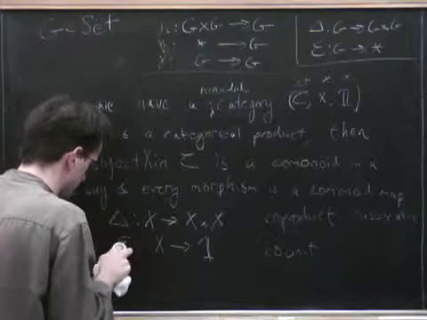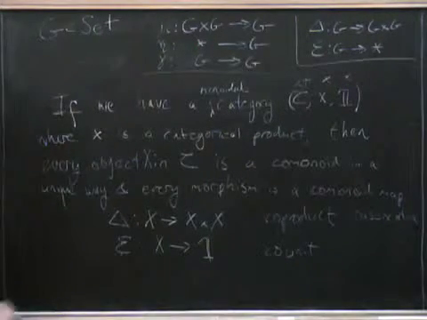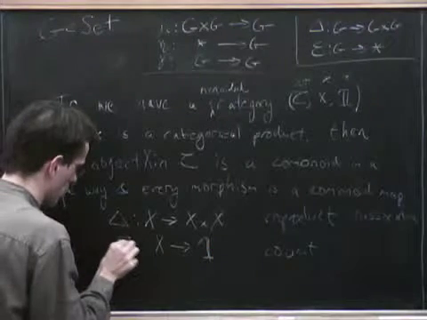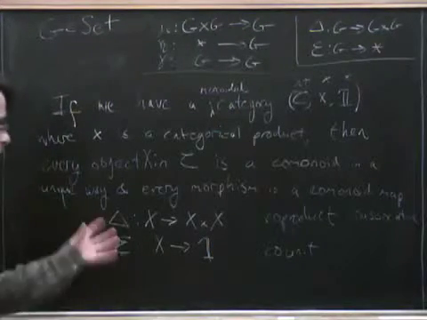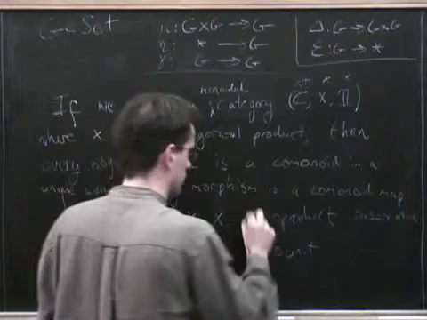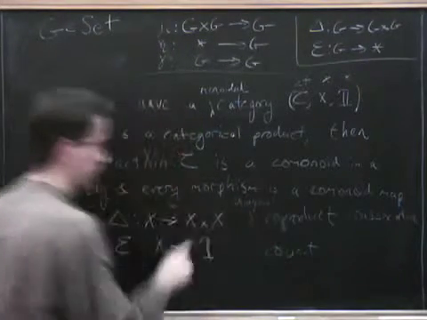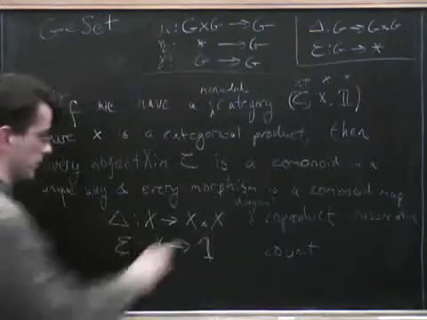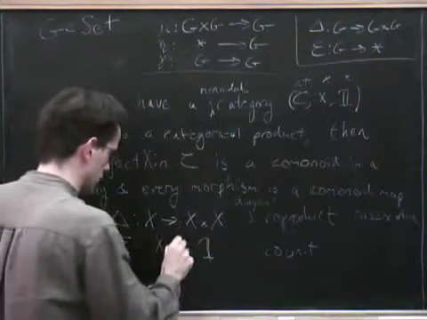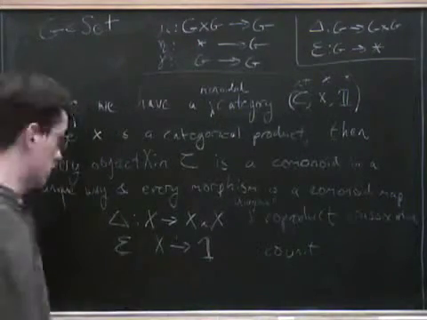So although I wrote these in a funny way, in fact they were the ones they were supposed to be. So this is in fact the diagonal map. So the thing that comes from the universal property of the Cartesian product, of the categorical product, and this is just the unique map to the terminal object.